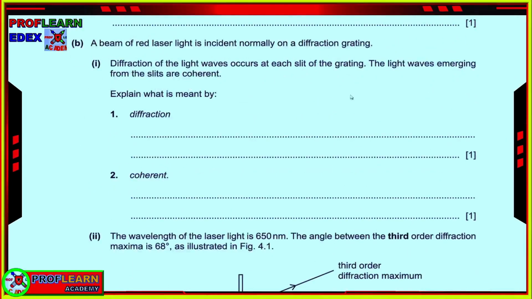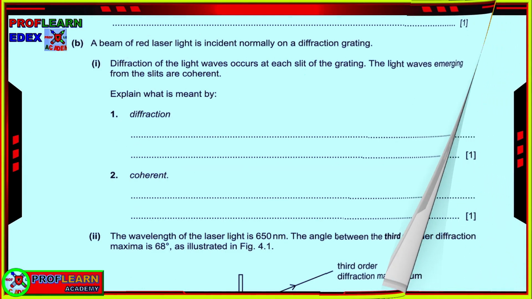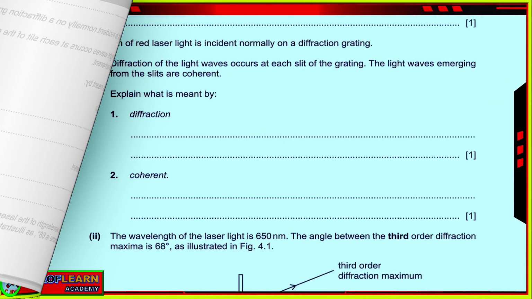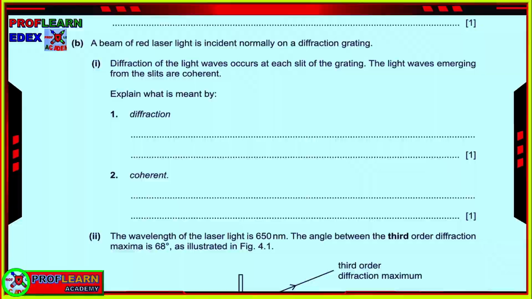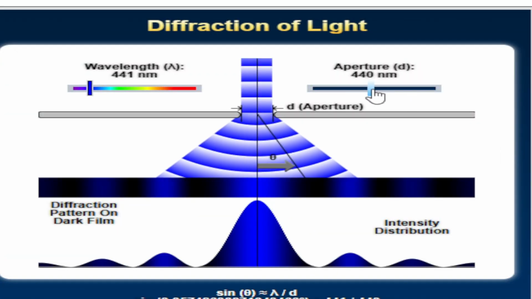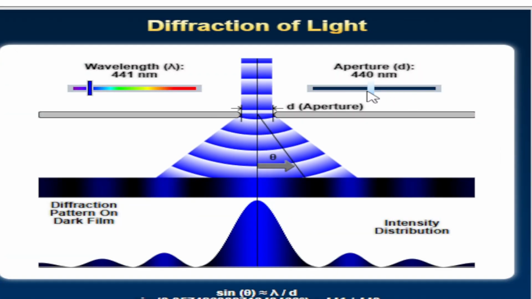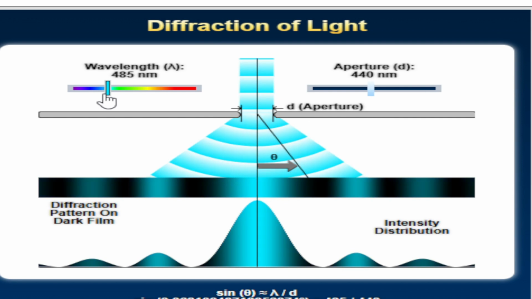Now moving down to diffraction, we're going to say that diffraction is the spreading of a wave as it passes through a gap or as it passes around an obstacle. As we can see in this simulation, this wave is passing through the gap, so it's going to spread out.